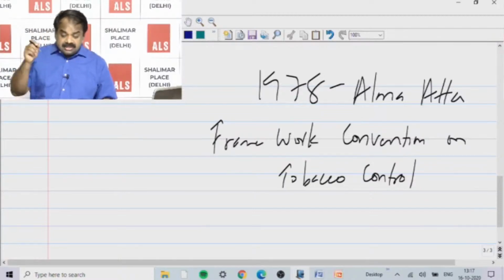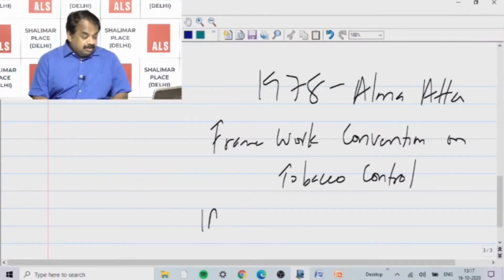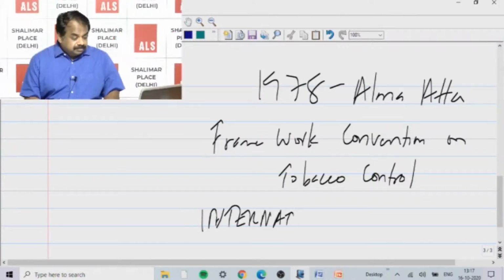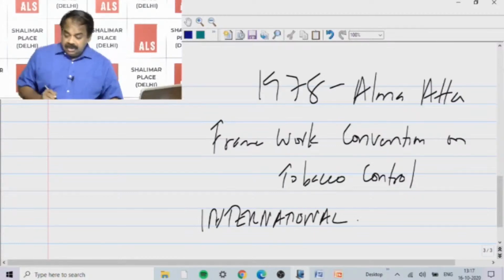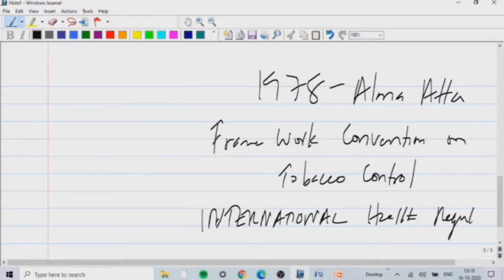Also, there is an international health regulation for pandemics. They came out with it even before the corona pandemic. These are the concrete steps for making the world safer from pandemics, which is called the international health regulation.